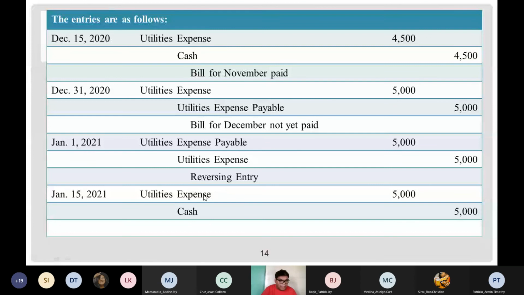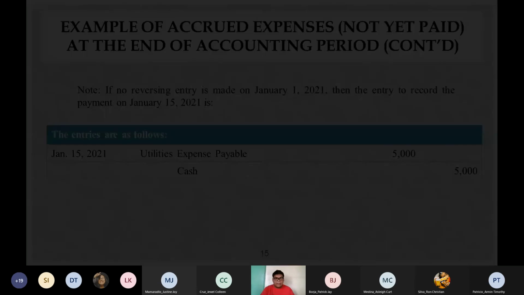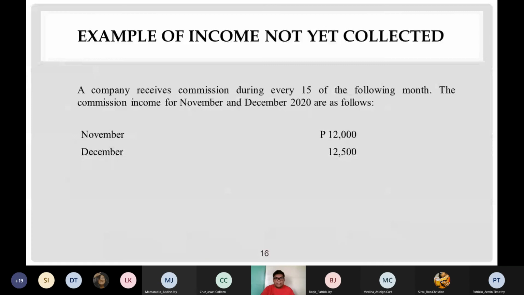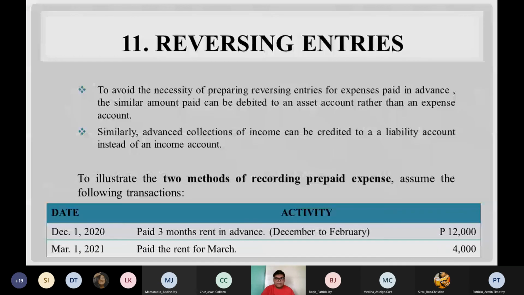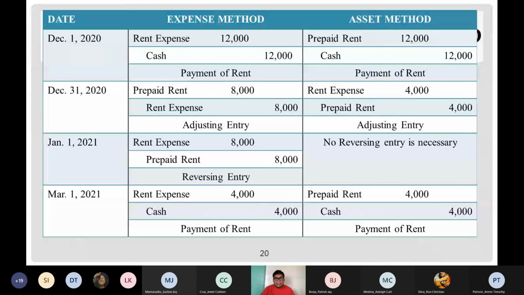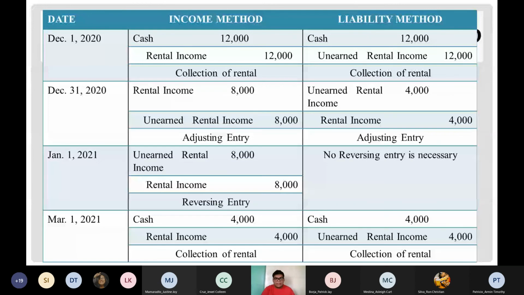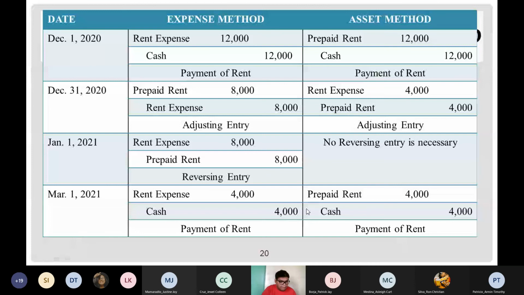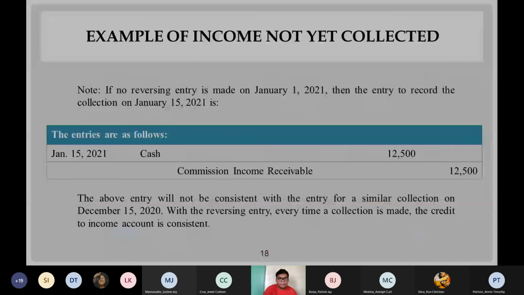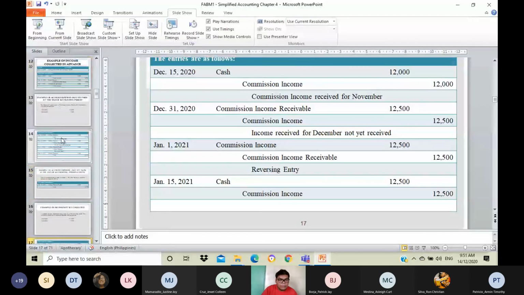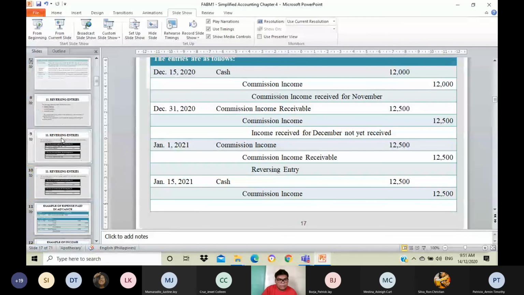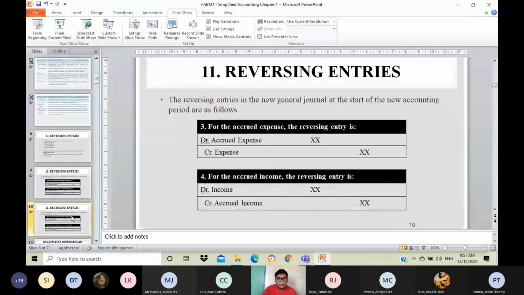If it is not reversed, then on the date of payment, the debit will be to a liability account. Hence, meron yung kanina yung expense versus liability, no? Magiging liability siya rather than expense. Ayun.